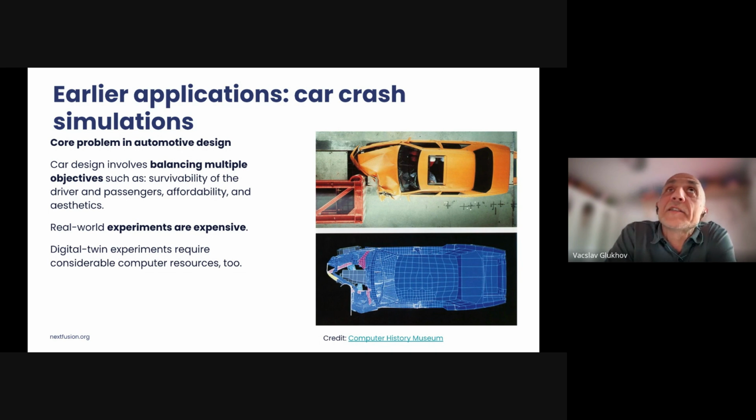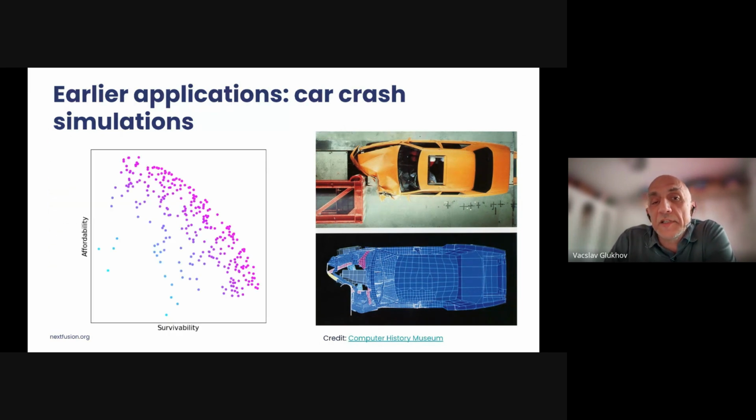We can either design a very affordable car, but the survivability of the driver will be very questionable, or we can design a car that is 100% survivable for the driver, but it'll be as expensive as a battle tank. So most cars we see on the road are the product of the trade-off.